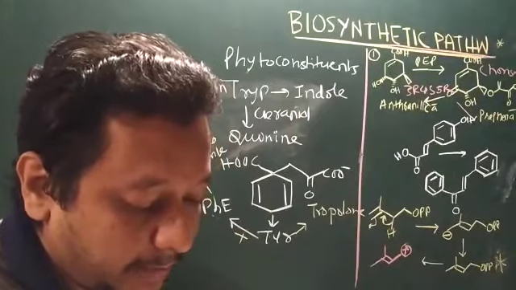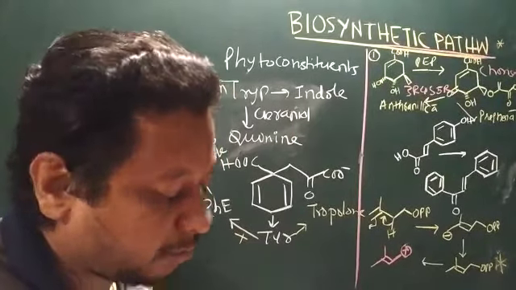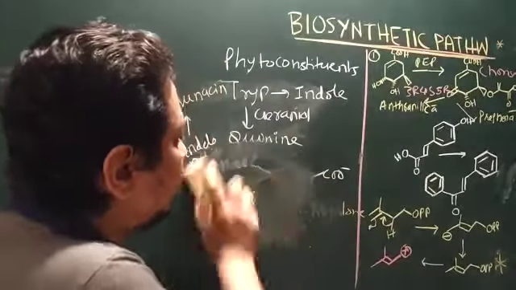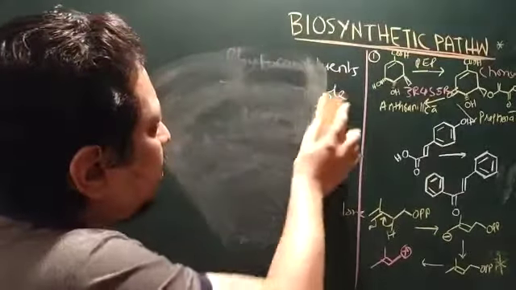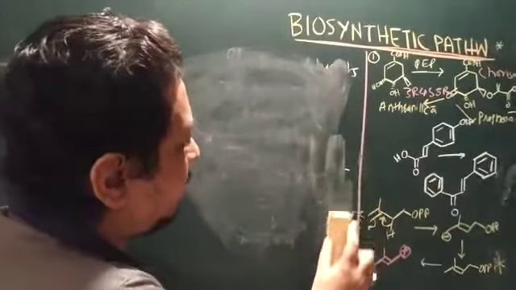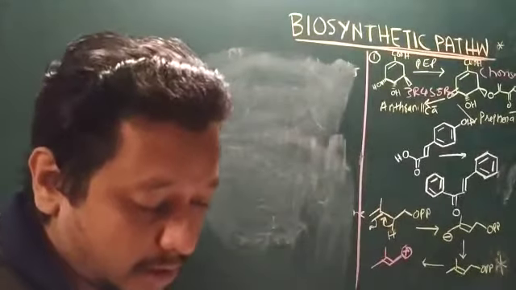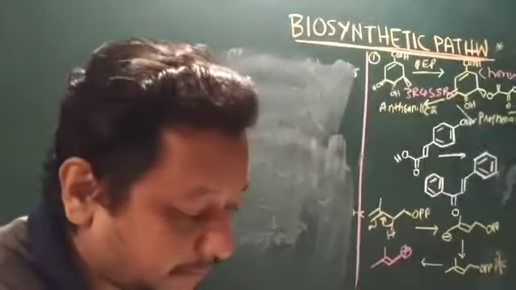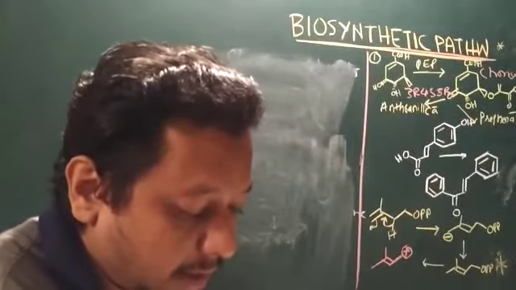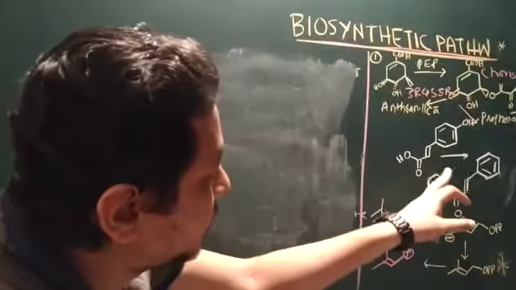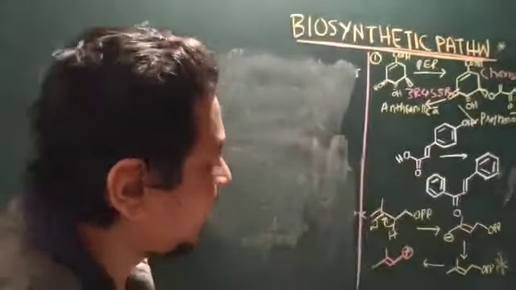So that's why it is a very important biosynthetic pathway. Now after that, if you know how the amino acids form, then we'll go ahead with the next steps. Now from prephenic acid, there are two vital intermediates. One is paracoumaric acid.